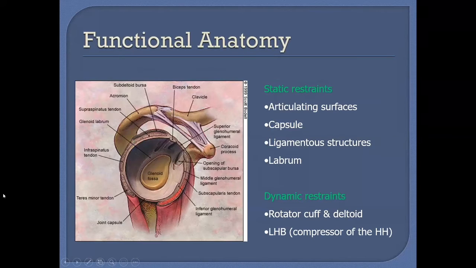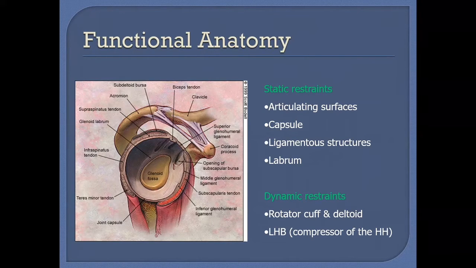So first of all, just a bit of a revision on the functional anatomy of the shoulder. It's quite a complex joint. It's an inherently unstable joint. It's a large ball on a small socket. It's deepened by about a third by the labrum, and this acts as a chock block to keep the humeral head in.